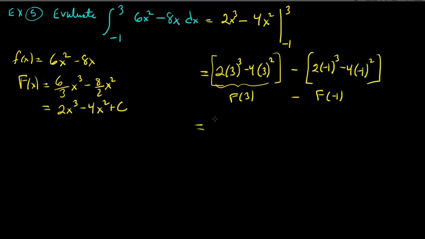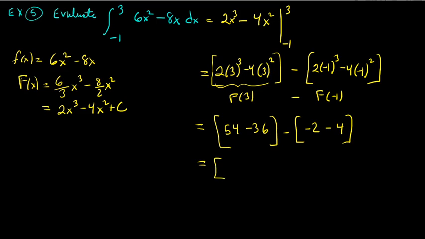And when you just evaluate all that, let's see what we get. 27 times 2, I think, is 54, unless I'm mistaken. And then 9 times 4 is 36. And negative 1 cubed is negative 1. Negative 1 times 2 is negative 2. And then negative 1 squared is positive 1, so negative 4 times 1 is negative 4.